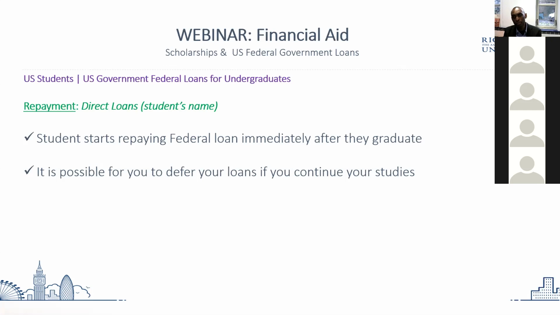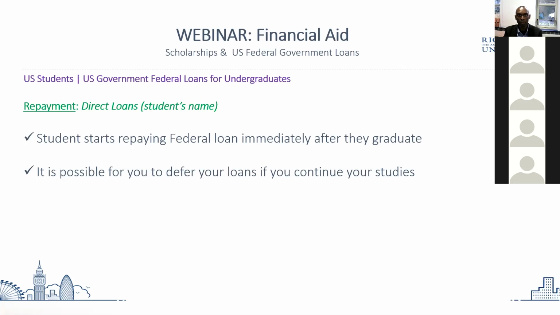I will also quickly mention that the loans cover the entire academic year. For example, if a student starts in September, the loans will cover September to May. That loan is divided into 2 disbursements. There will be a disbursement in September, and then there will be a disbursement in January.